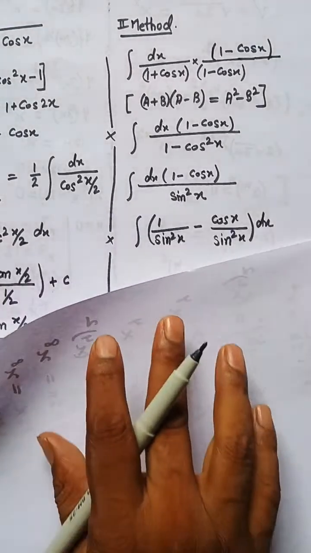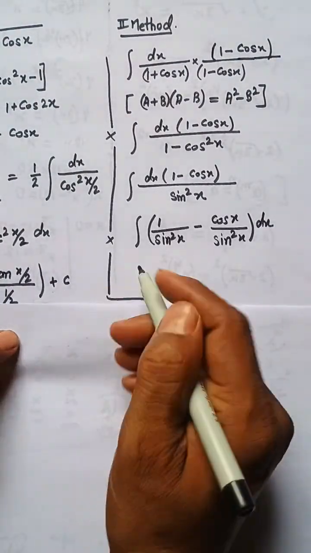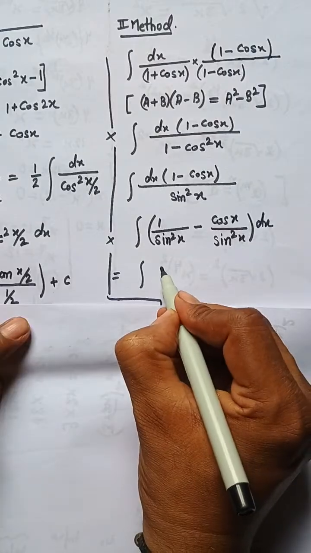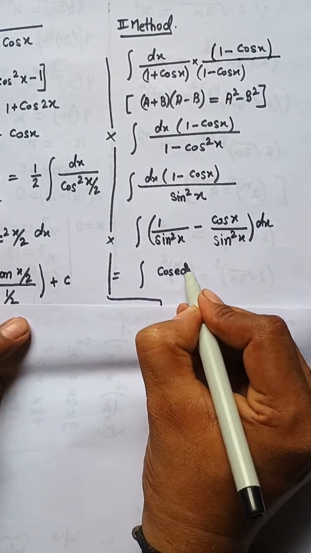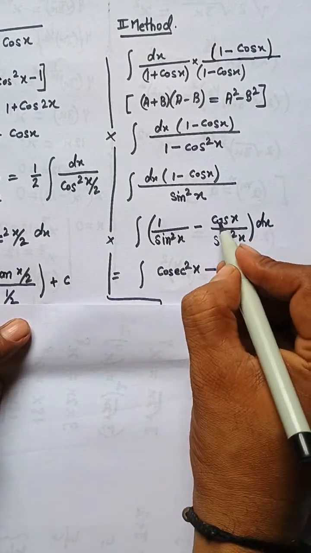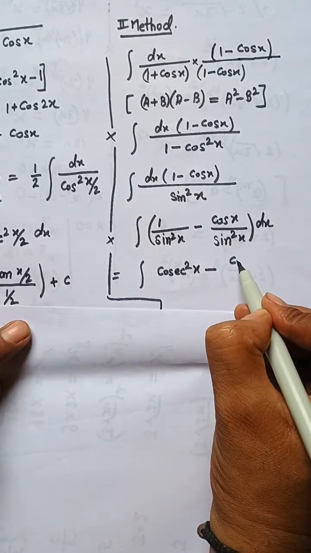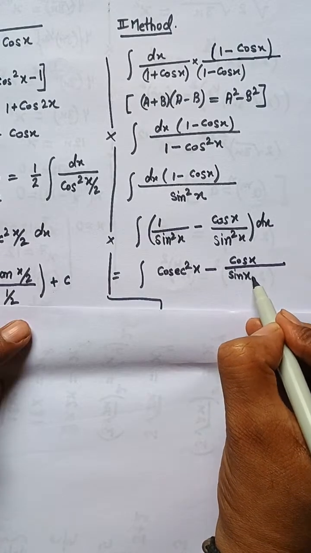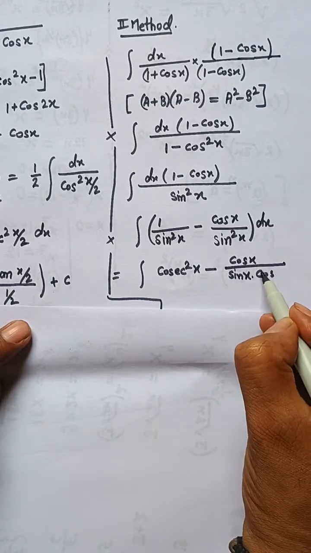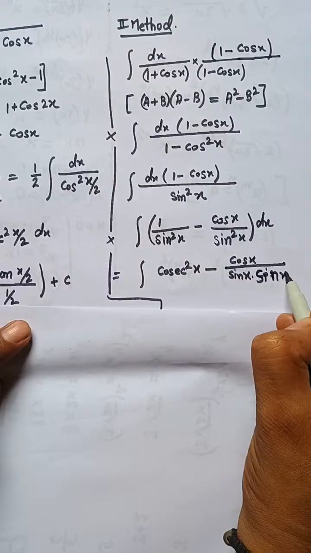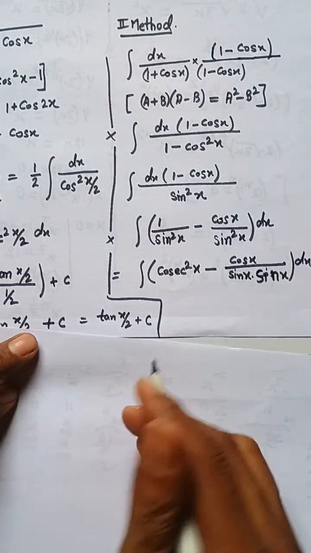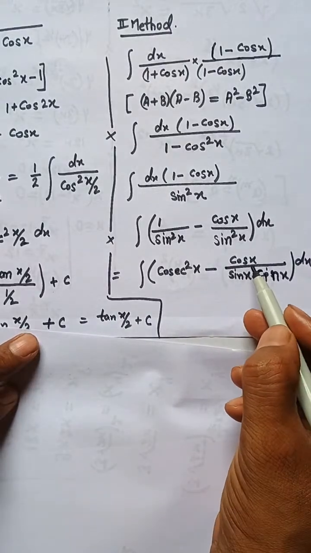Now this is integration of 1 upon sin square x minus cos x by sin x into 1 by sin x, dx.